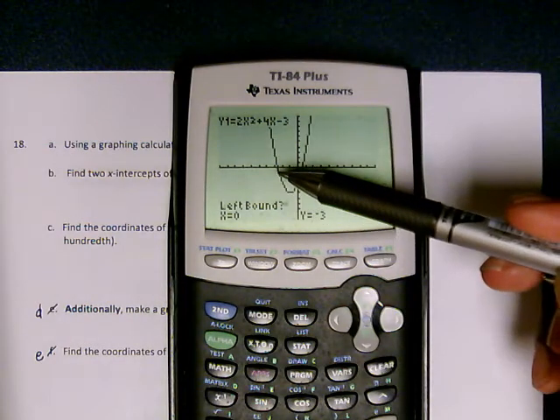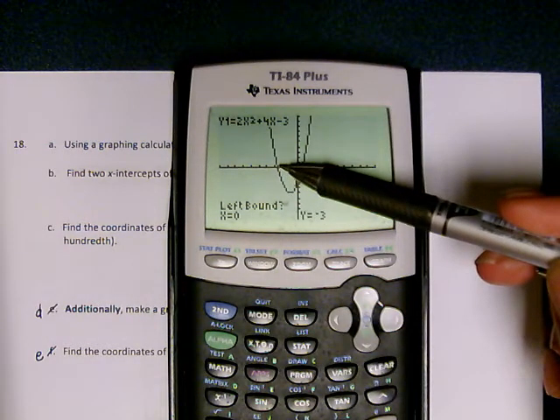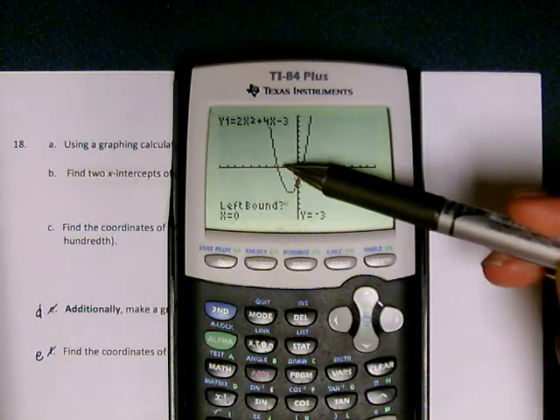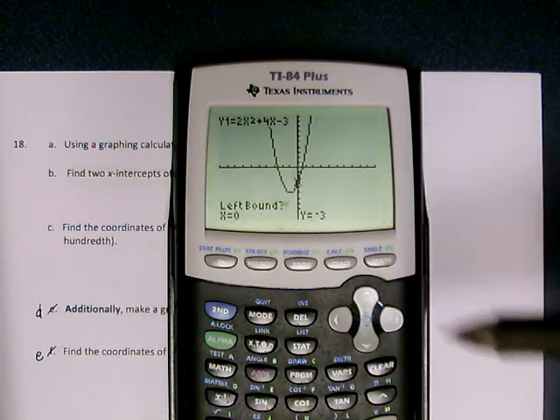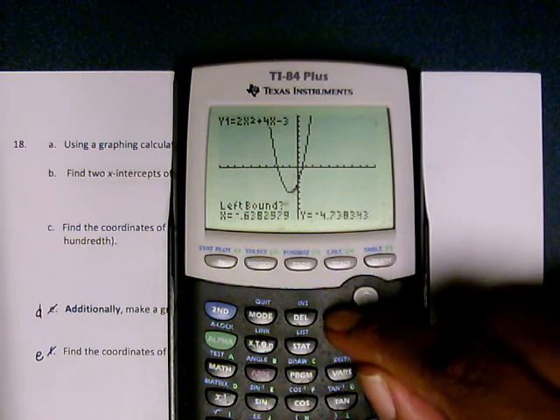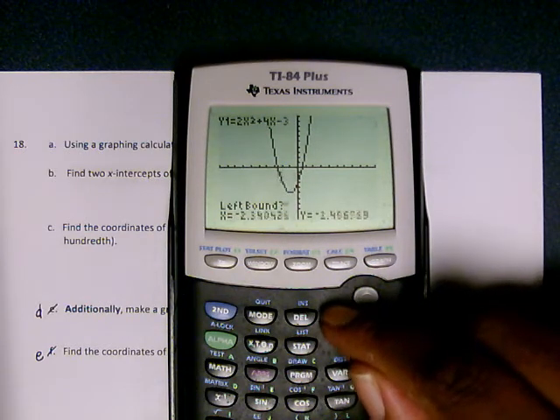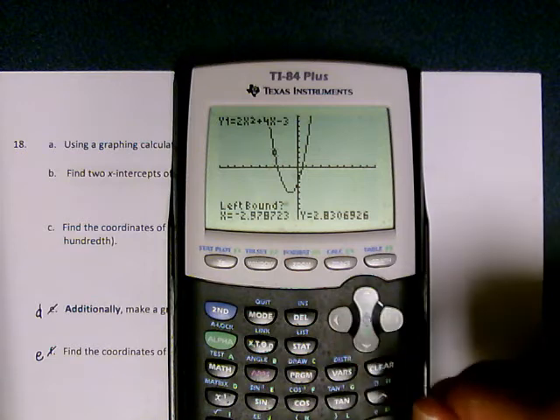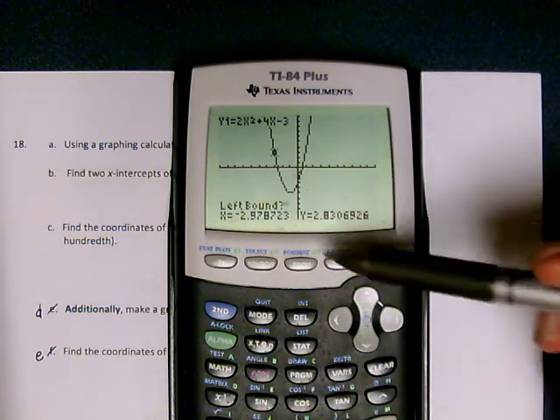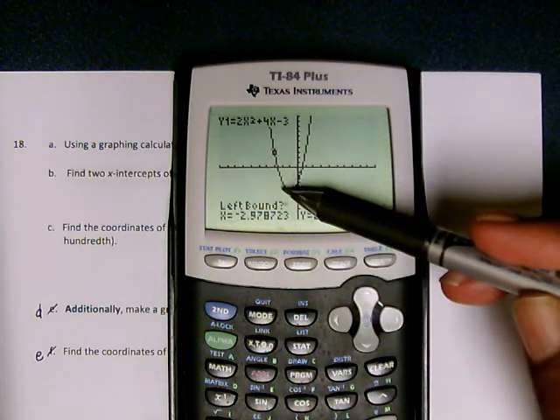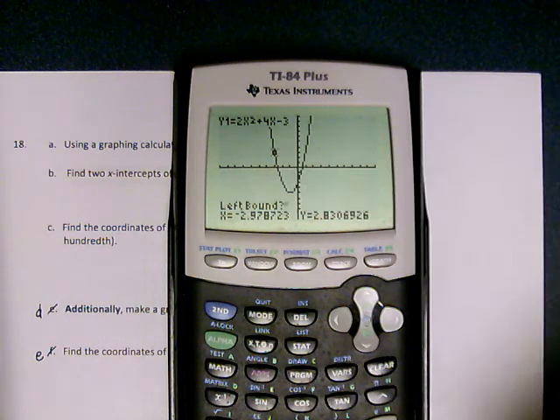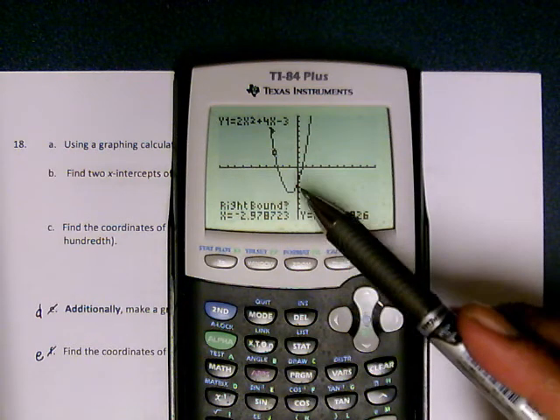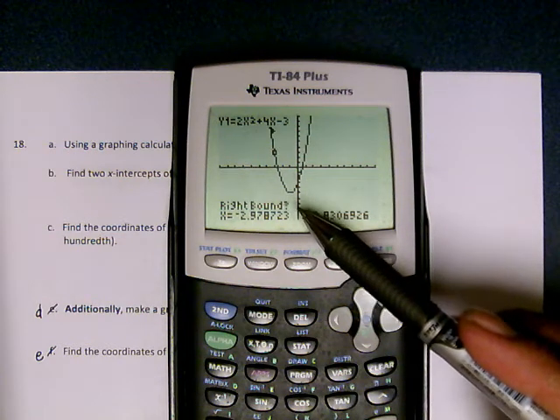Now what I'm going to do here is find the first x-intercept right here. There are two x-intercepts, but I'm going to find the first one right here. Now I'm going to use my left arrow key to position the blinking cursor above that first x-intercept. That will be your left bound. So here we press enter, and after you press enter, you'll get a message that says right bound.